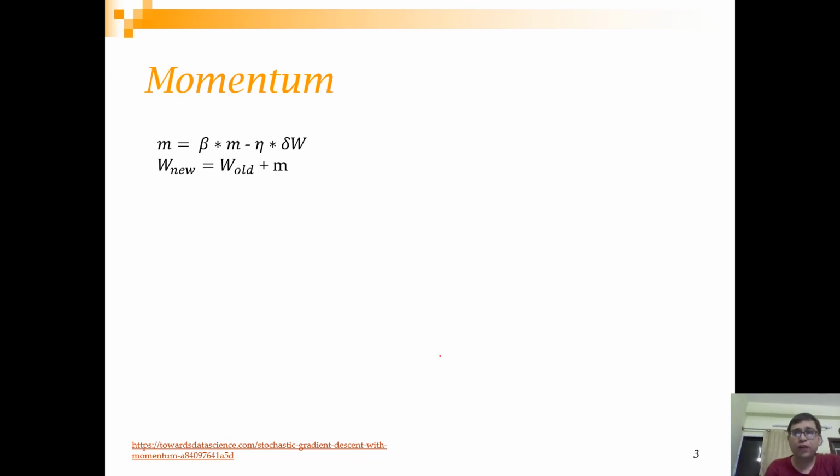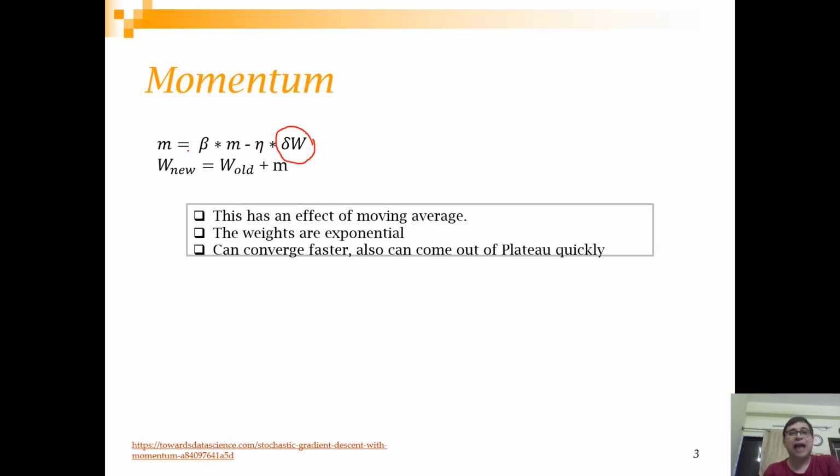Instead of calculating the derivative of only the current step, it maintains a history, and it is not only a moving average, it is actually an exponential moving average. The current derivative will get the highest weight, and as you go back in history, the weight will slowly decay out. So this can converge faster and also can come out of a plateau quickly.